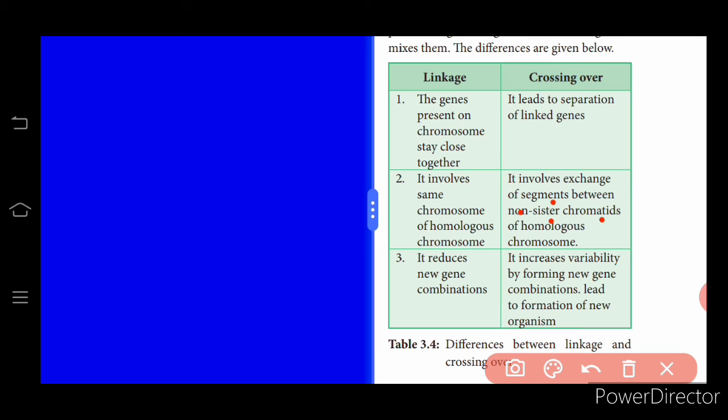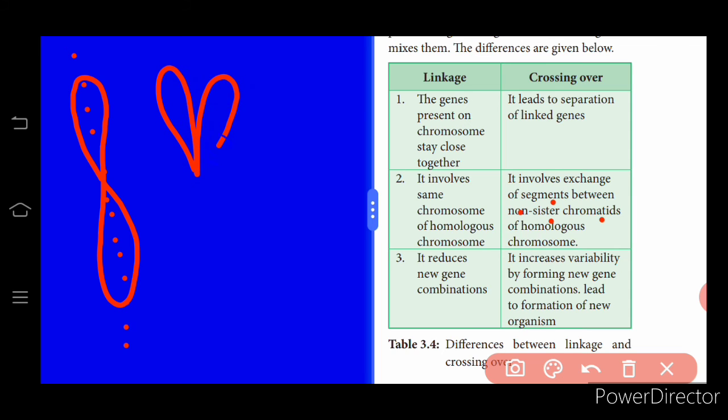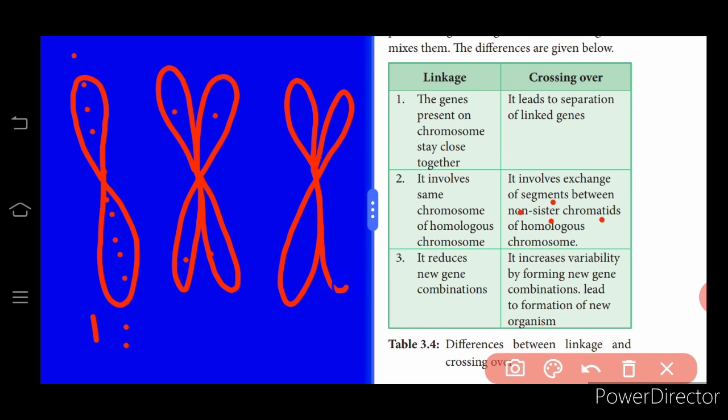Last class itself I told you what is a sister chromatid and what is a non-sister chromatid. This chromosome undergoes longitudinal division. It forms a structure like this. This is called a chromatid. Follow? And if it is chromosome number 1 from the paternal side, in the same way you have chromosome number 1 from the maternal side, which also forms chromatids.